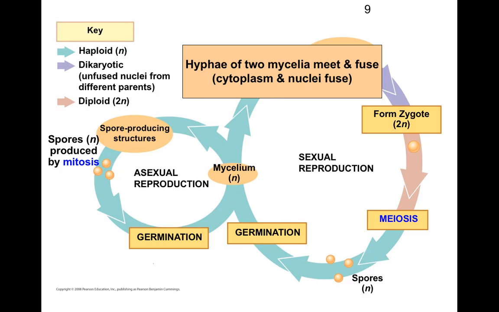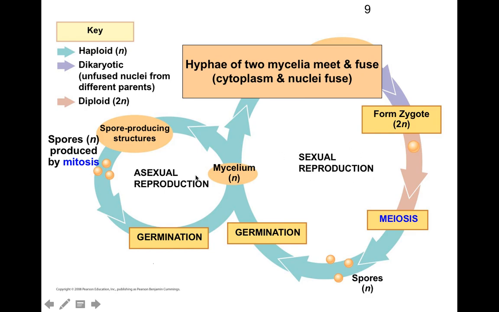Okay, so this is just a generalized life cycle of a fungus, okay? As you can see, we have 3 different forms the fungus can exist in. Haploid, dikaryotic, so fused cytoplasm, fused hyphae, but unfused nuclei from different parents, and then the fused nuclei diploid form.